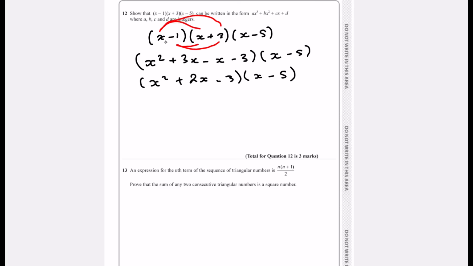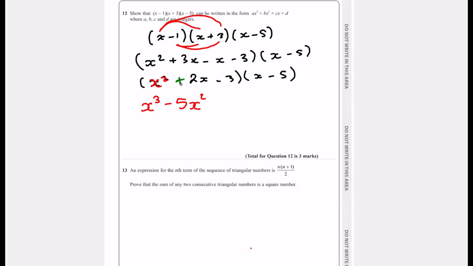Both of the terms in the first bracket we times by both of the terms in the second bracket. This time all 3 of the terms in the first bracket we multiply by both of the terms in the second bracket. So x squared times x, x cubed, x squared times negative 5, negative 5, x squared. So that's the x done, the x squared done even.